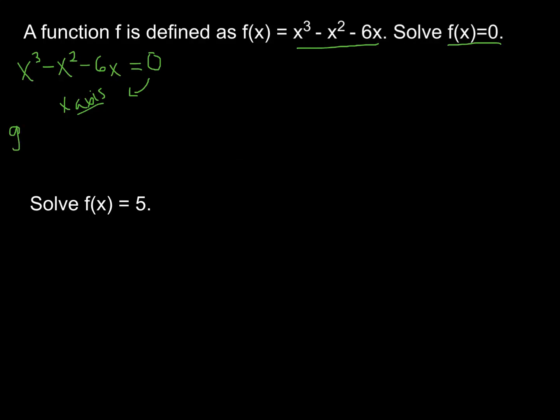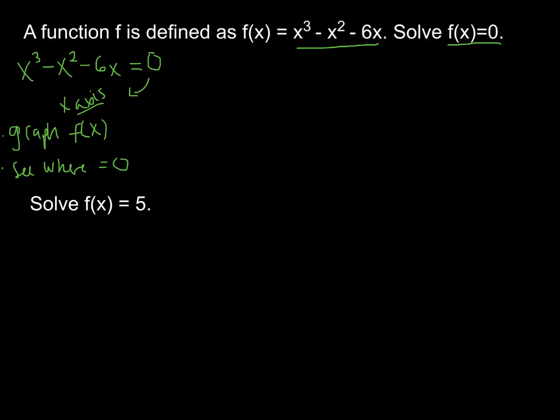So I'm going to graph f of x, and then after I've graphed it, I want to see where it equals 0, right? Where it hits the x-axis, and those will be my points. So that's going to be my plan.